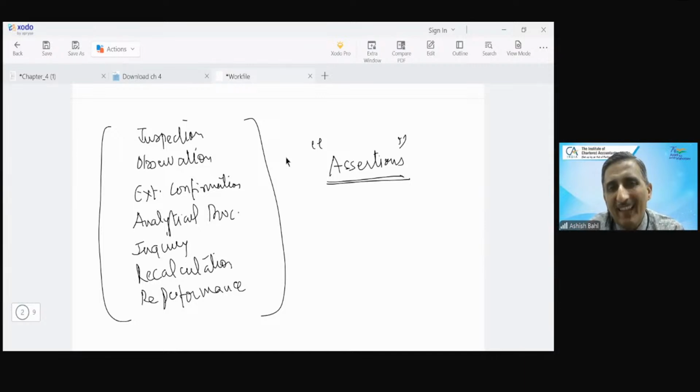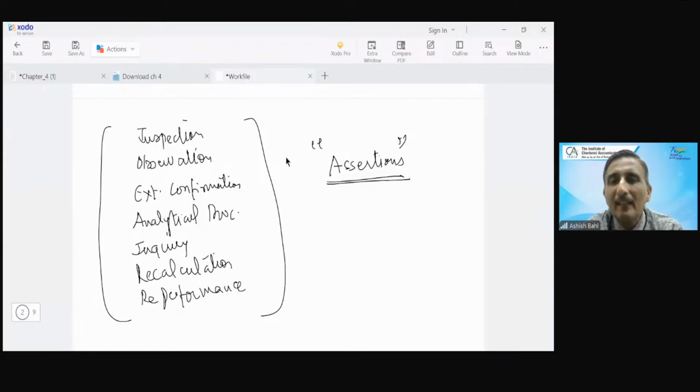As far as the textbook definition is concerned, assertions are representations by management, which are embodied in the financial statements.